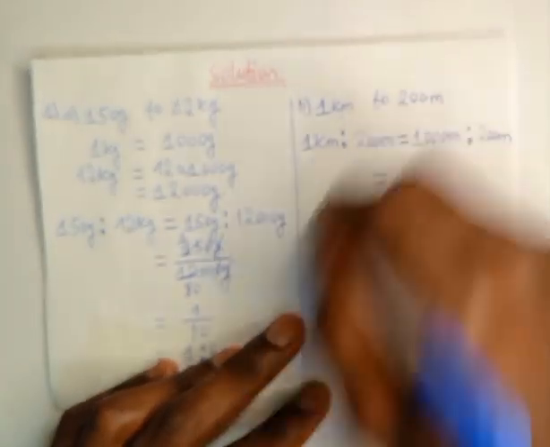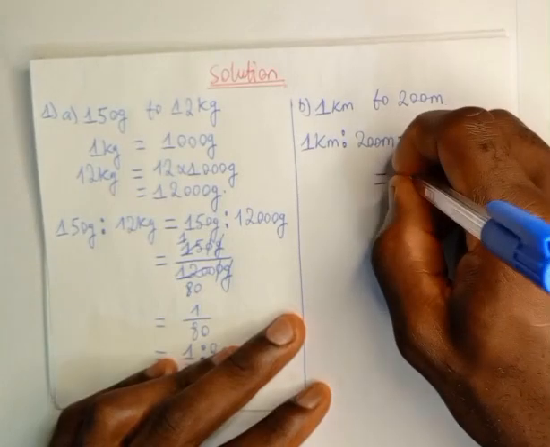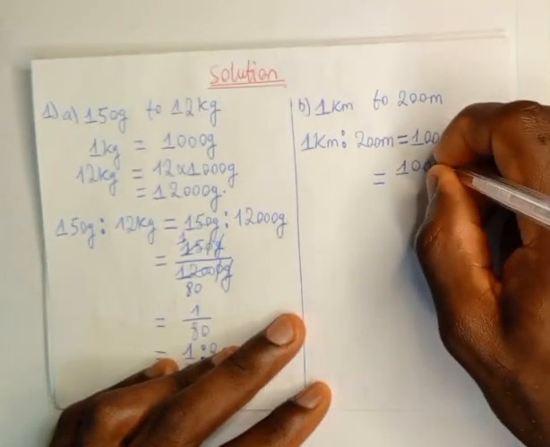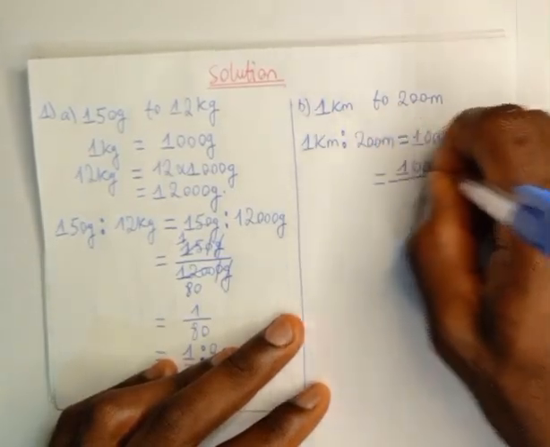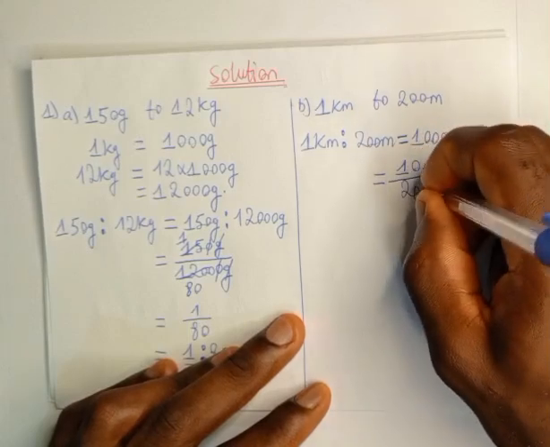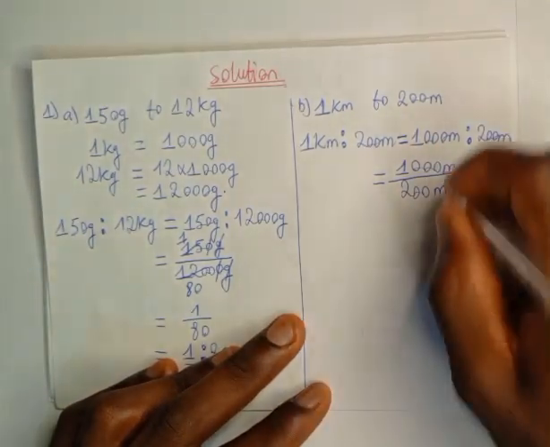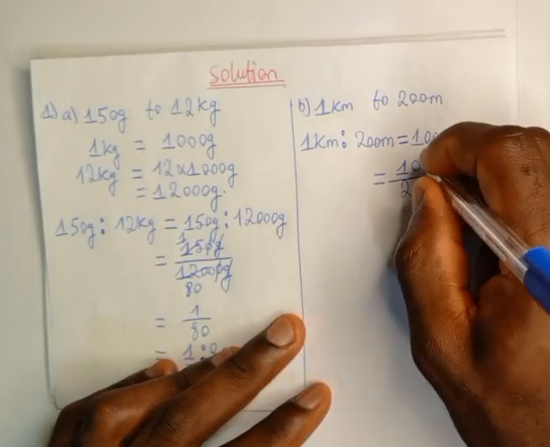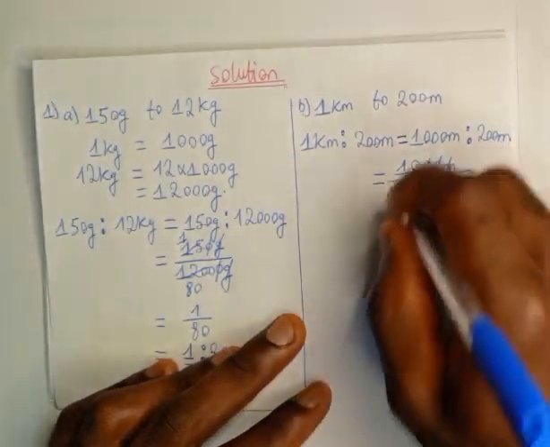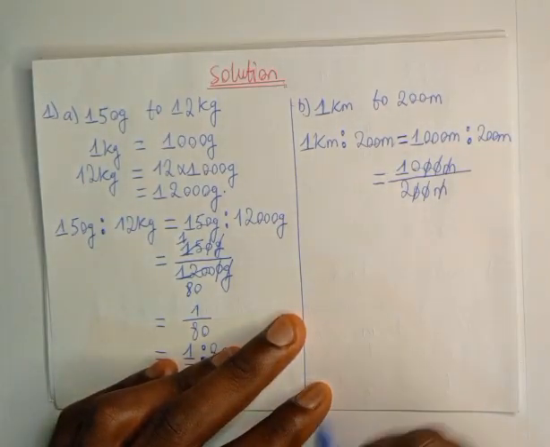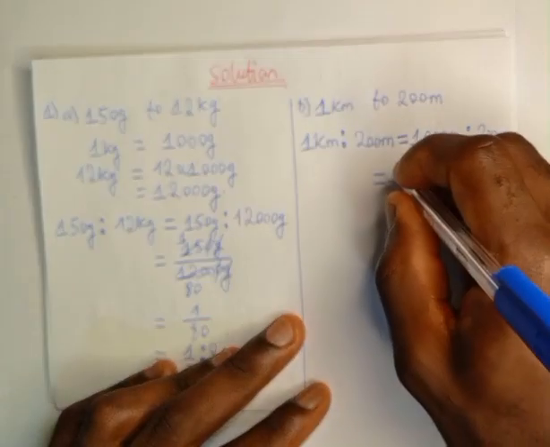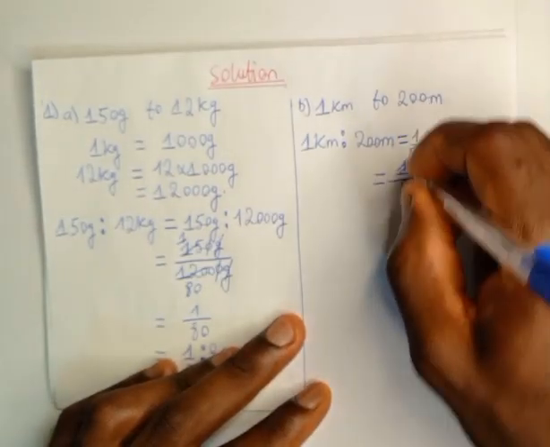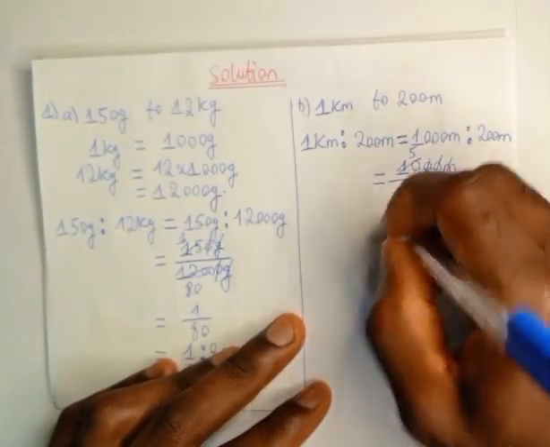We are going to express the ratio in the fractional form. This will be 1000 meters all over 200 meters. The meters will go off. These two zeros will strike off two zeros. The highest common factor of 10 and 2 is 2. 2 going into 10 5 times. 2 going into 2 1 time.